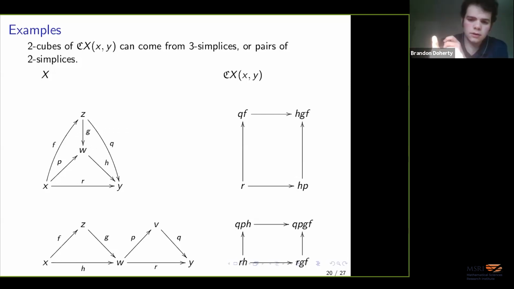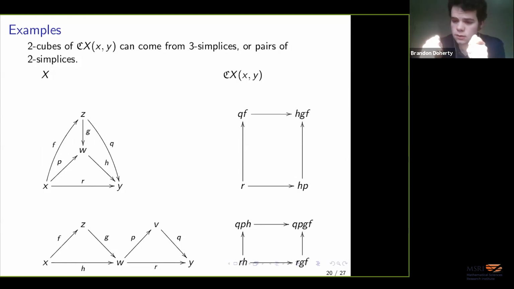Or, on the other hand, we can have a necklace with two-dimensional beads that will also give a 2-cube. So here we've got these two 2-simplices, one witnessing h as a composite of f followed by g, and one witnessing r as a composite of p followed by q.